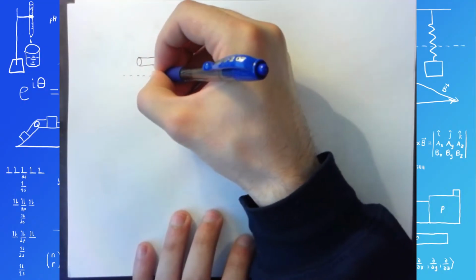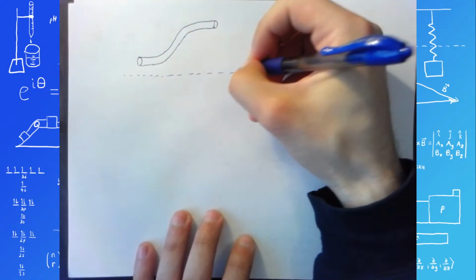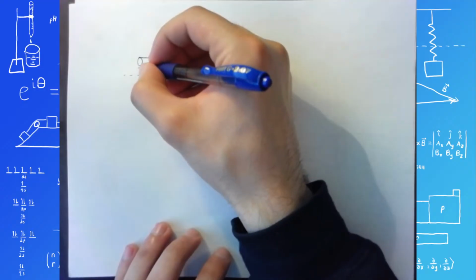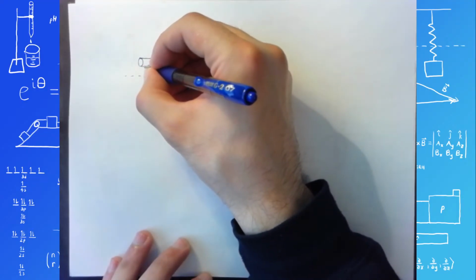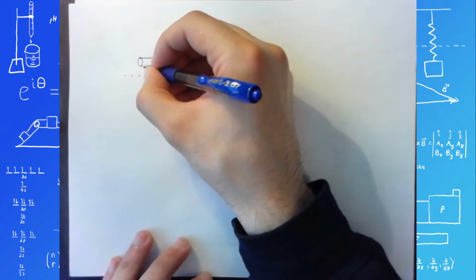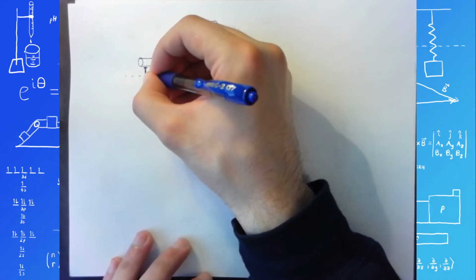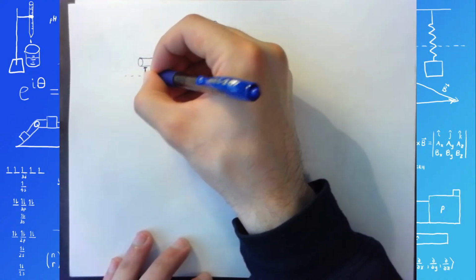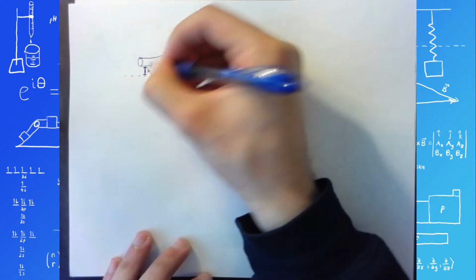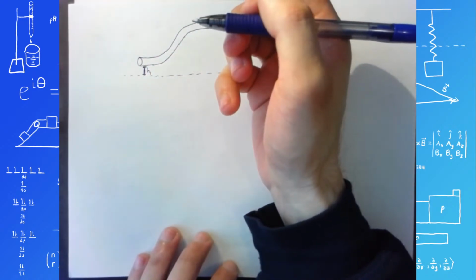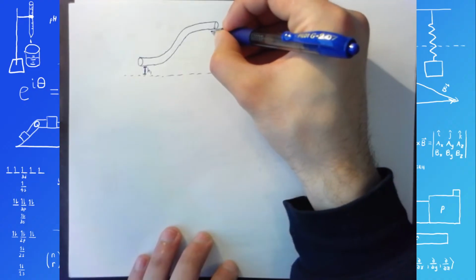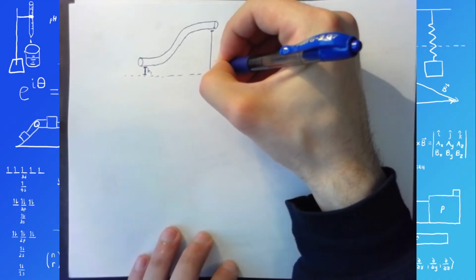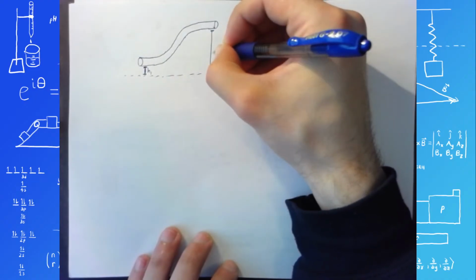And let's say that this tube is, for whatever reason, at some height above the ground. It could be on the ground, but for the sake of a more complete derivation, let's say that this tube starts off at a height h1 above the ground and moves up through this pipe or tube to a height h2 above the ground.